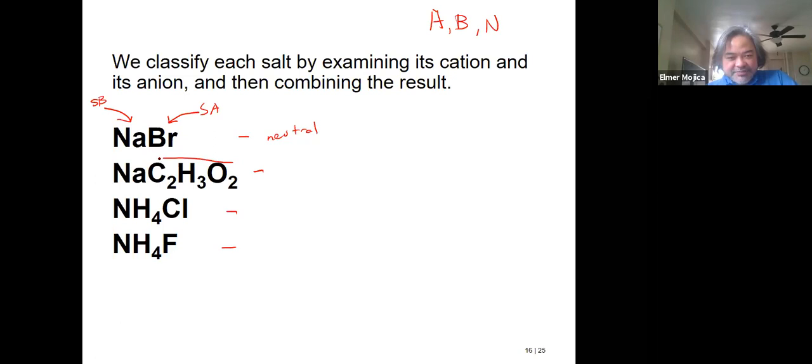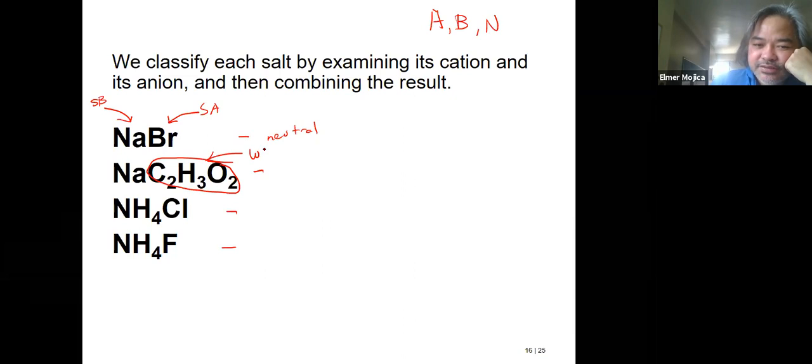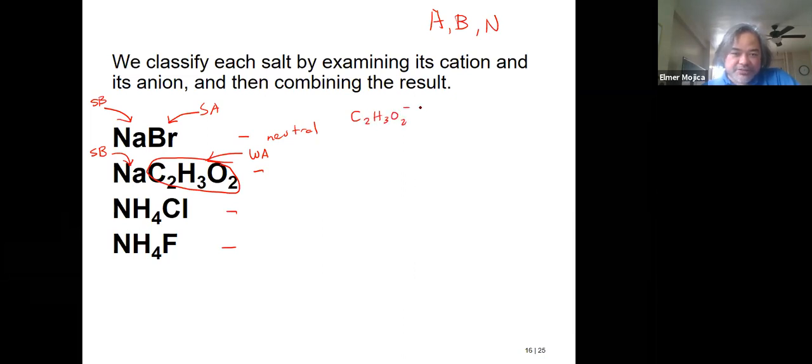Where does the acetate come from? You have questions like this in the exam. So this one will come from what? Acetate would be a weak acid, and this is what? Strong base. So that means if you have a weak acid here as a source, you look at the reaction, C2H3O2 minus reacting with water will give you C2H3O2H plus OH minus.